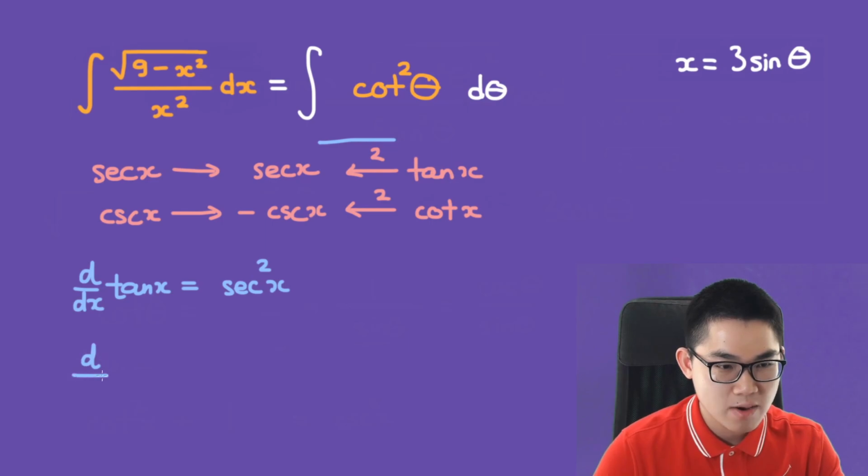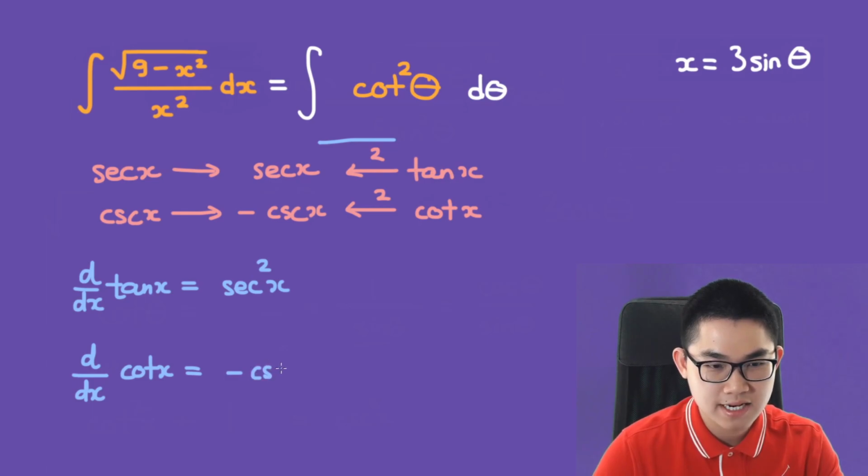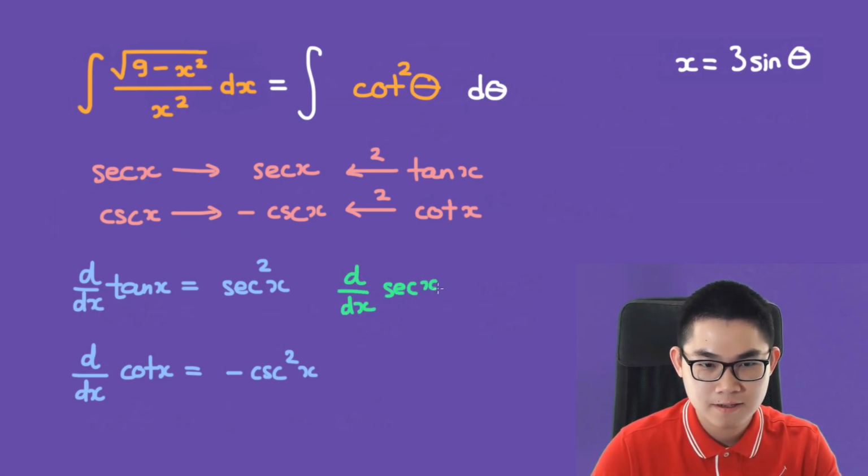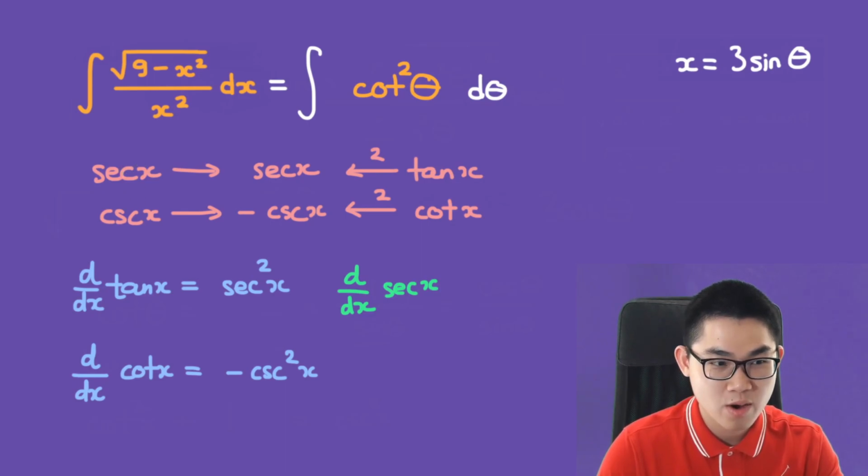And similarly, how about d over dx of cotangent of x? Well, same thing. I look here, then I go over here, then I see cosecant. So negative cosecant actually, and don't forget the to the power of 2. How about the derivative of secant of x? When you're going on this side, I want you to erase these two arrows.